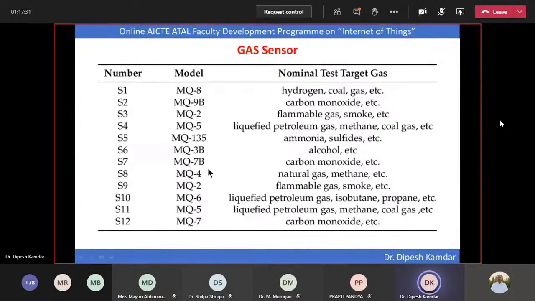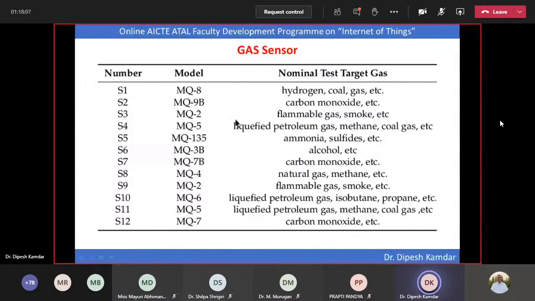MQ3B is for alcohol detection. MQ7B is used for carbon monoxide. MQ4 for natural gas or methane. MQ2 flammable gases or smoke sensor. MQ6 for liquefied petroleum gas, isobutane or propane. MQ5 is for liquefied petroleum gas, methane, coal gas, and MQ7 for carbon monoxide. So these are the different gas sensors.